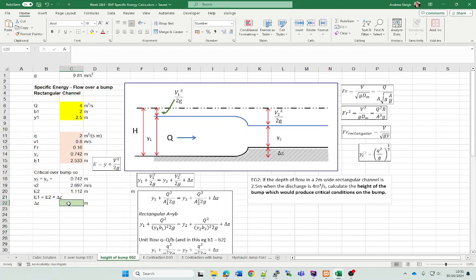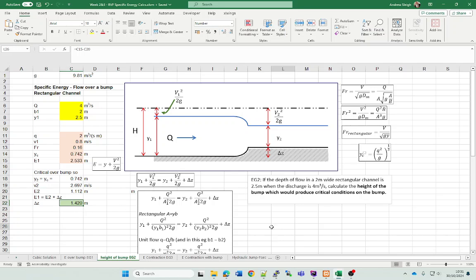So delta Z is equal to E1 minus E2, 1.420 meters. So a bump of height 1.420 meters will cause critical depth in that channel. So that's quite a high bump.